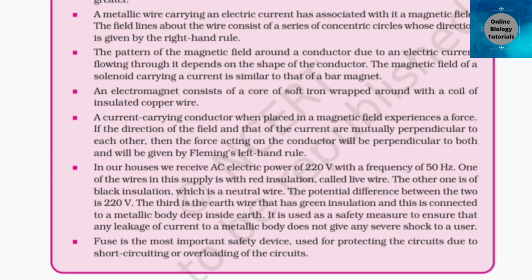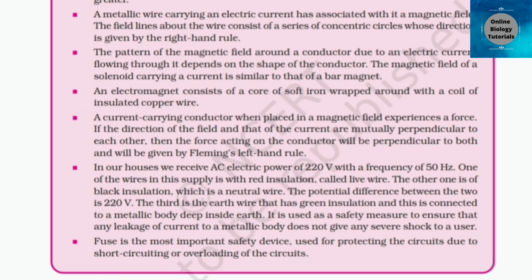An electromagnet consists of a core of soft iron, wrapped around with a coil of insulated copper wire. A current-carrying conductor, when placed in a magnetic field, experiences a force. If the direction of the field and that of the current are mutually perpendicular to each other, then the force acting on the conductor will be perpendicular to both and will be given by Fleming's left-hand rule.